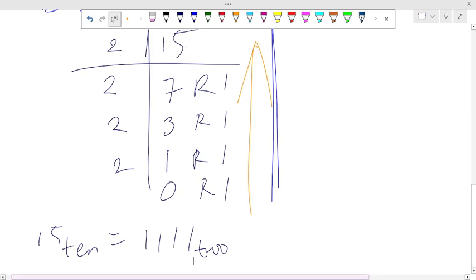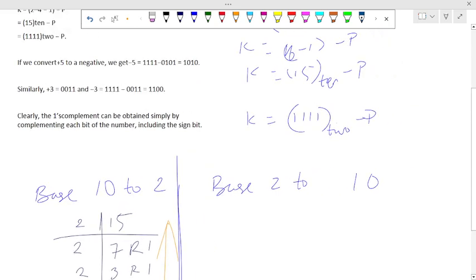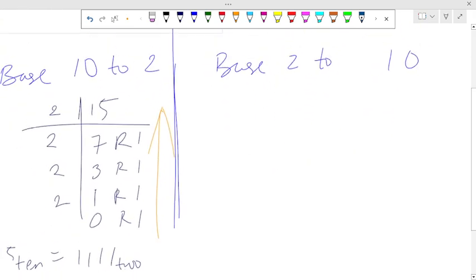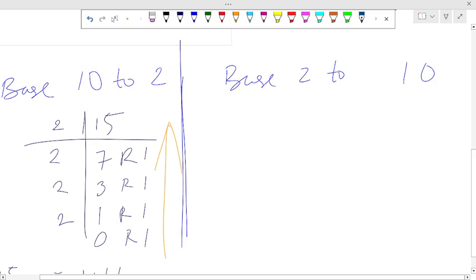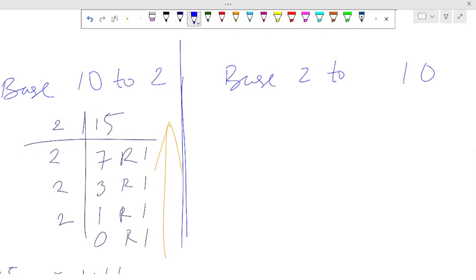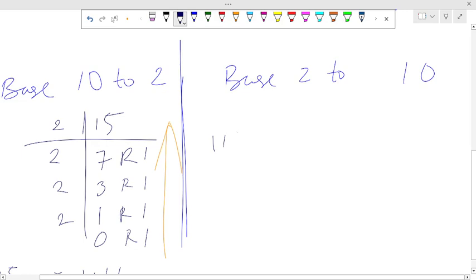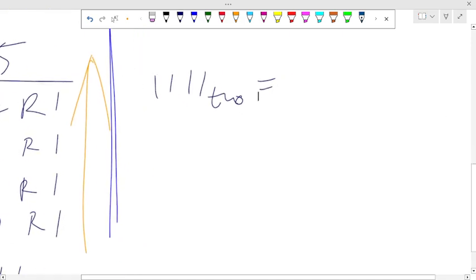So that is why we have 15 as this. Clear? Now in case you want to switch back, let's say you want to convert from base 2 to base 10. Let me use the same number to make life easy. To convert this to base 10, you do a very simple approach.